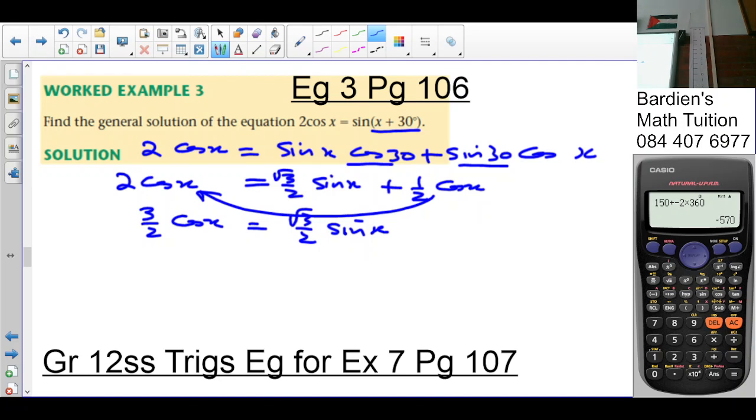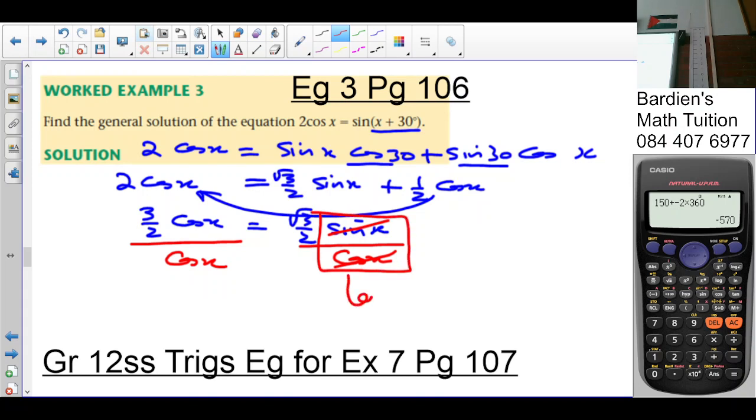So I'm going to divide both sides by cos x. That gives us tan x on one side and the other side cancels. So I'll have tan x there, and the root 3 over 2 is equal to, that cancels, 3 over 2.